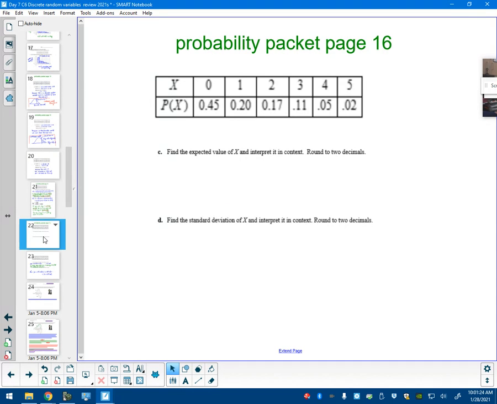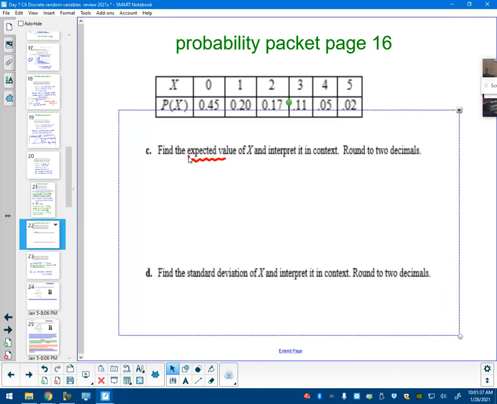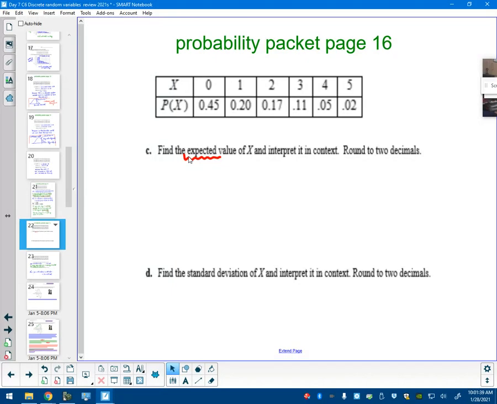What does expected value mean? It means you're finding the mean. So make sure you underline that word because that word is in your homework tonight. And I still think you can try your homework even if you've never seen this before. So here's how you find expected value.